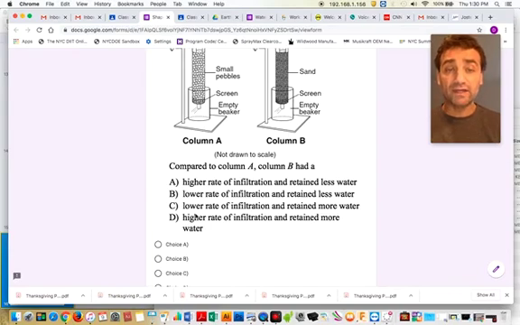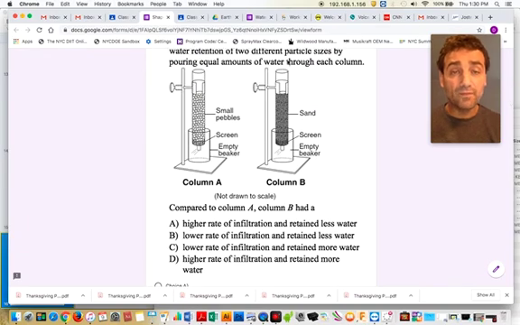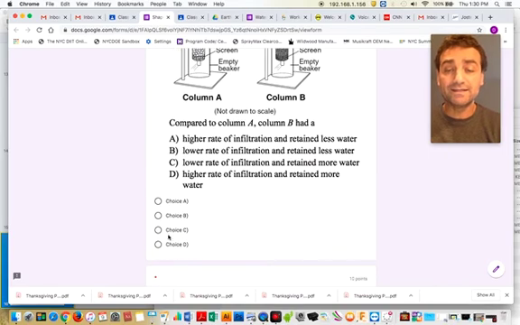Yes. And retained more water? Yes. Because the sand is smaller, the water will infiltrate much more slowly through B. And because the particles are smaller, it's going to hold on to more water, better capillary action, better capillarity, right? So the answer should be C. Next one.